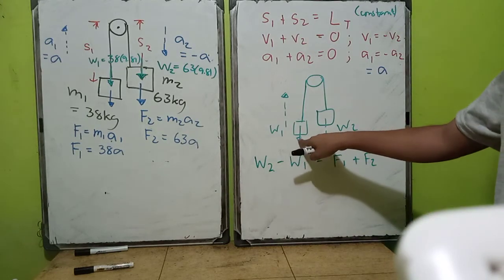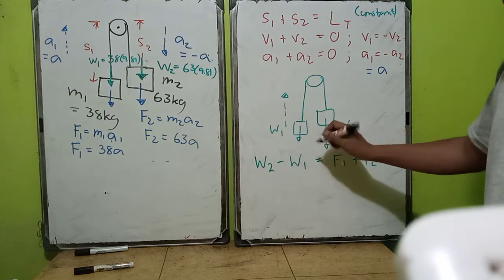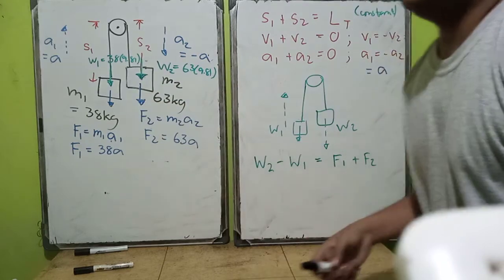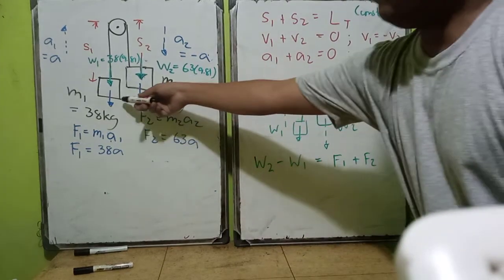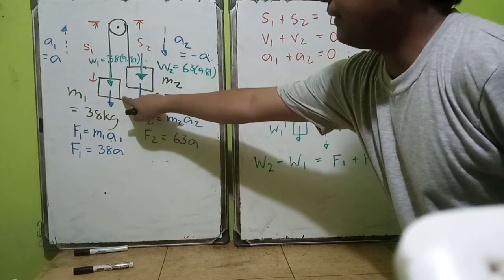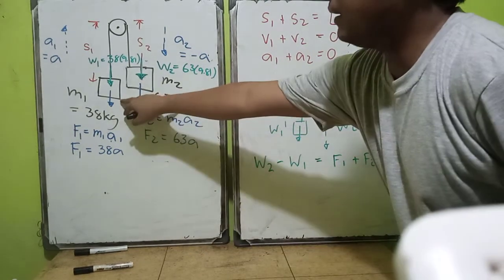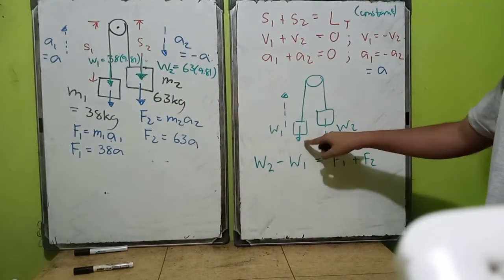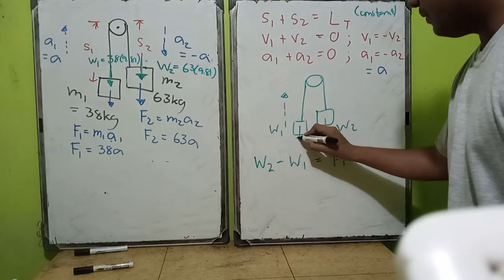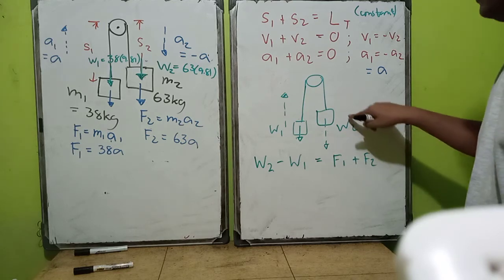So this W1, the weight of this first body, will limit the movement of this other body.